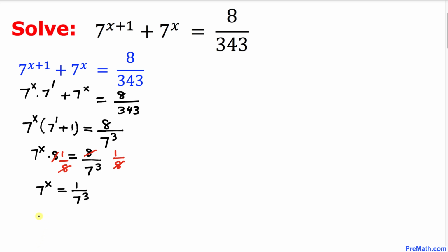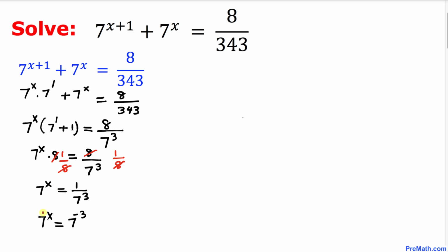Over here in the denominator we got 7 power 3 with the positive exponent. If we move this to the top, to the numerator, this exponent is going to become negative. So I can write this as 7 power negative 3.